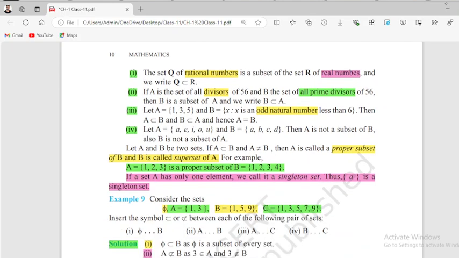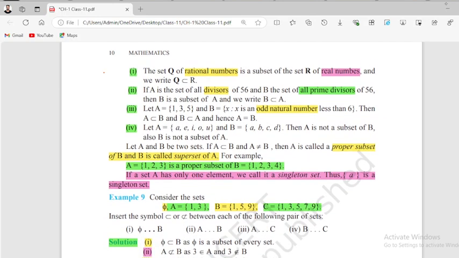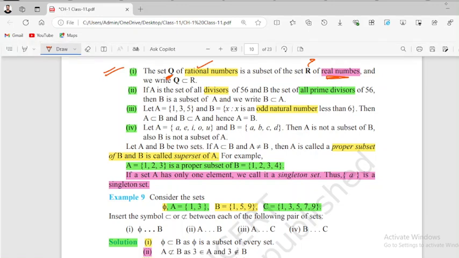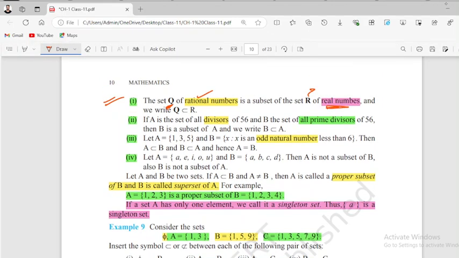the subset. And now this is also an important point. Set Q, called the rational numbers, is a subset of the real numbers, because a rational number can be represented in the form p by q, where q is never equal to 0.